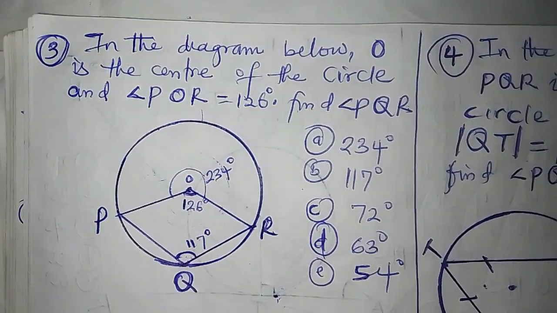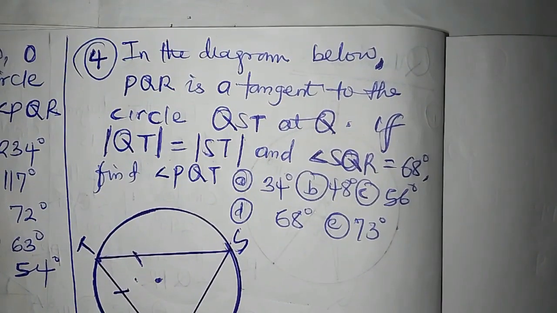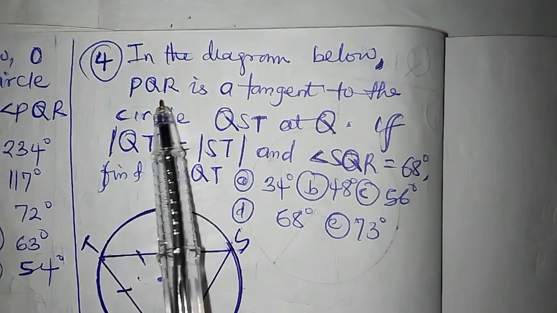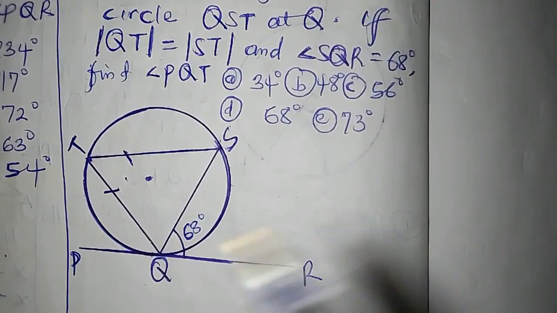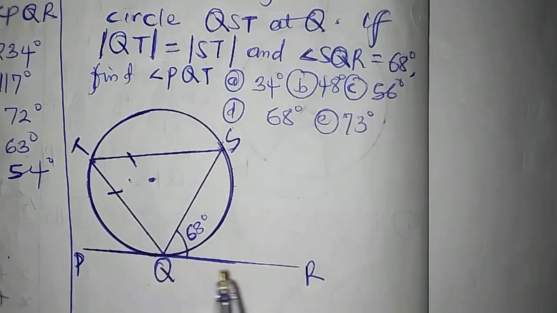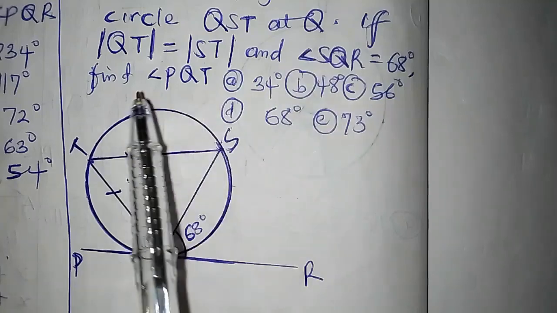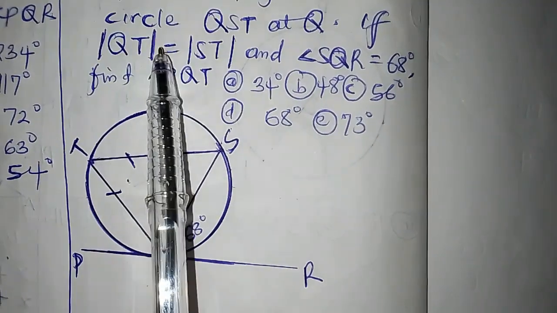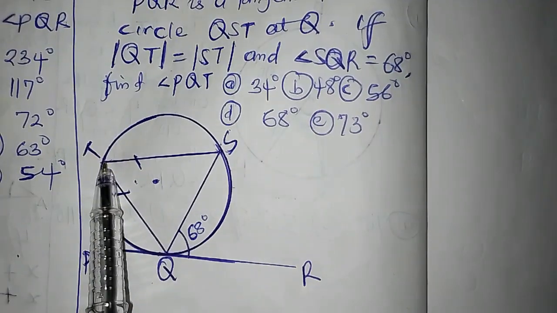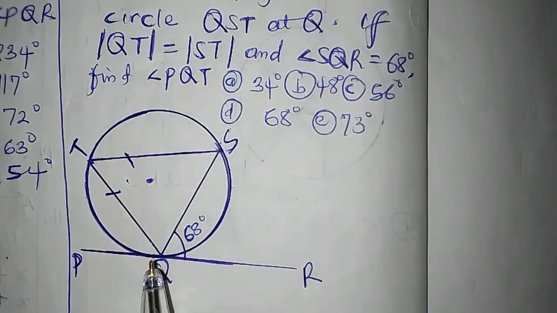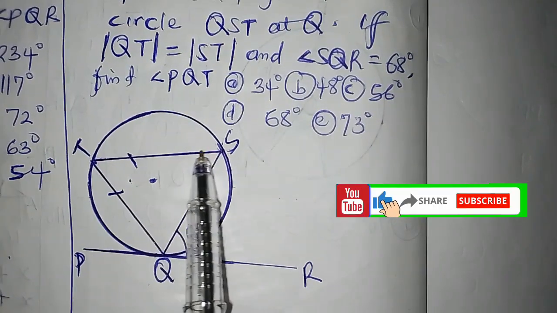It's simple. Question 4, it says, in the diagram below, this is the diagram, PQR is a tangent to the circle QST at Q. PQR is a tangent to this circle. Good. Now, if line QT is equal to line ST, this is line QT, this is line ST. So QT, which is this line, is equal to line ST, which is this line.